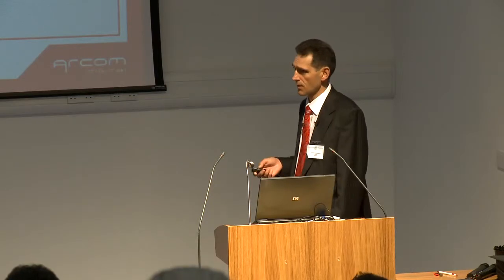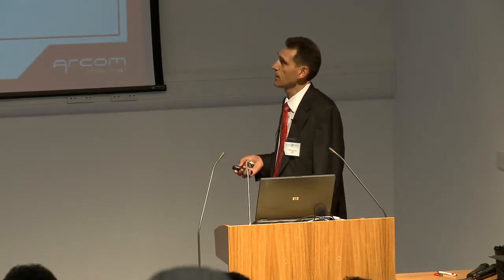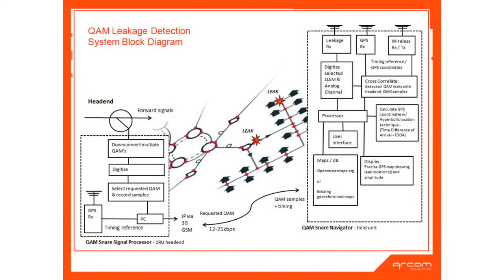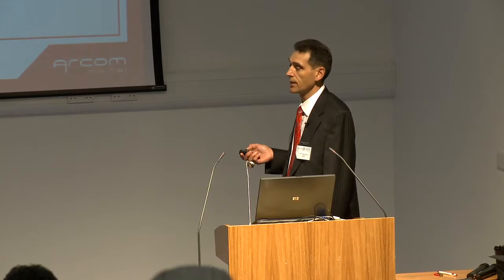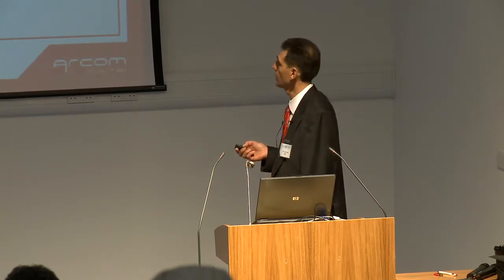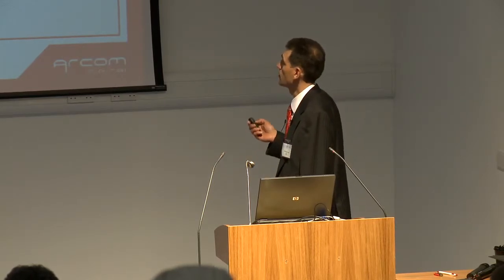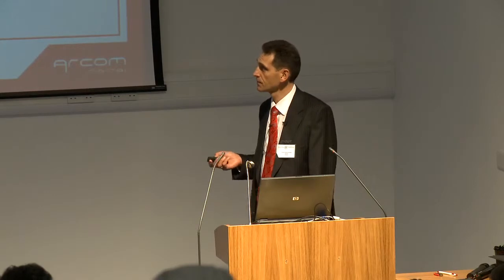How the new technology works. The new technology can see leaking QAM signals at any frequency. It consists of two pieces of equipment. One is constantly working at the hub site or head end, while there is another one with a field technician in his car or in his hands.